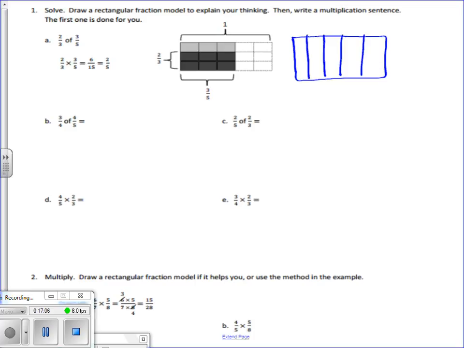And so I've got 3 of them. So I'm shading in 3. So this whole thing is 3/5. There's the 3/5. I'm just drawing what's already been drawn. So this is the 3/5.